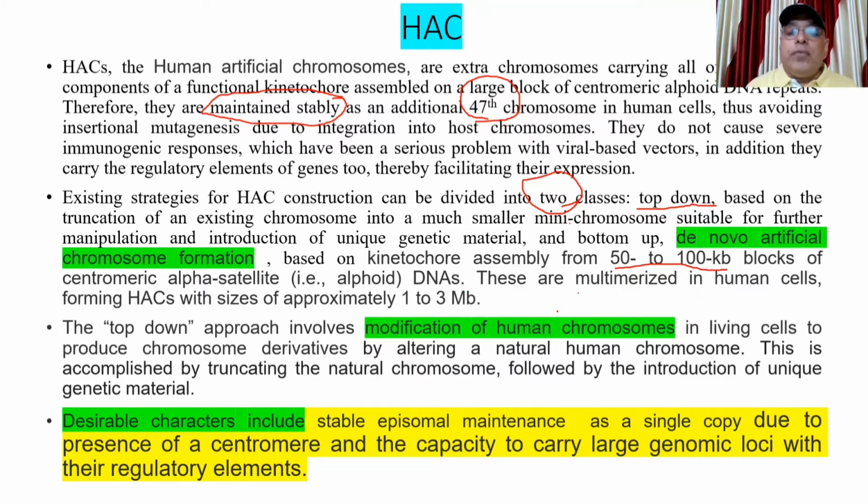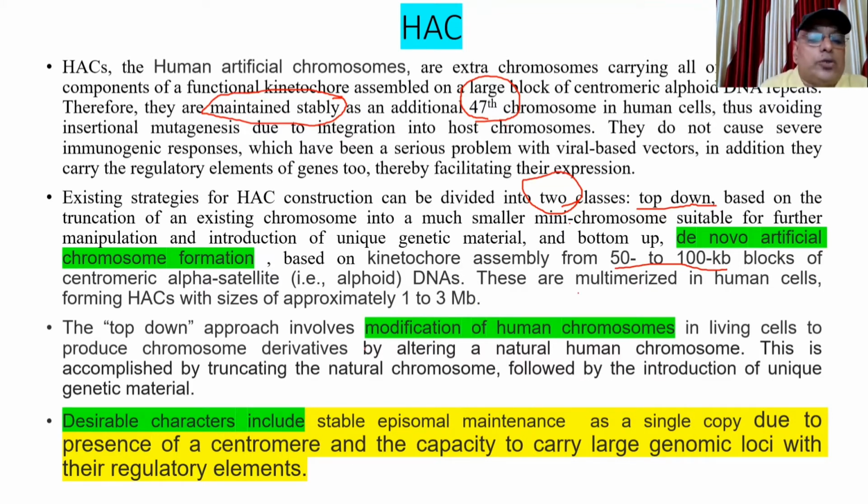So how much alpha DNA have we introduced? The alpha satellite DNA, 50 to 100 kilobases, but this will act as a rallying point, a core around which multimerization will take place, and ultimately leads to the development of a 1 to 3 MB long alpha satellite stretch.